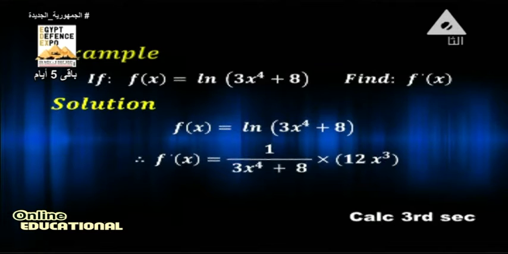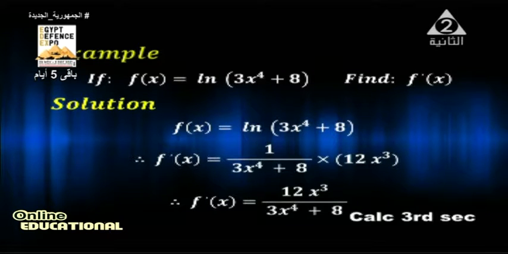Then f dash x equals 12x power 3 over 3x power 4 plus 8. Now we move to the next example.